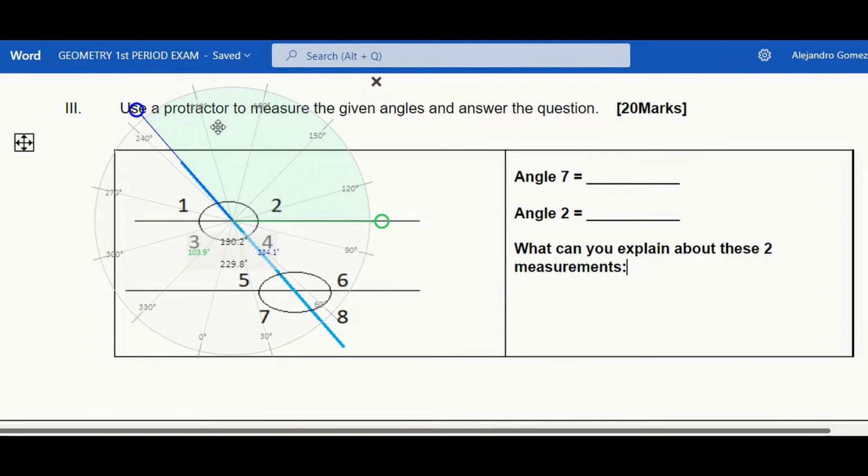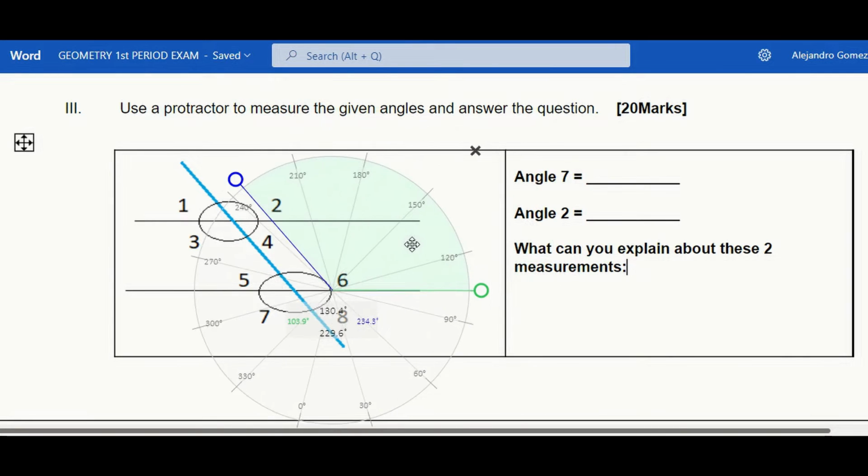Because I am using the mouse to move the arms of this protractor, I cannot be that precise for it to measure exactly 130, but basically that is what you were measuring with your physical protractor on your paper. So this is 130, right? And that's what we are going to write there for angle 2.